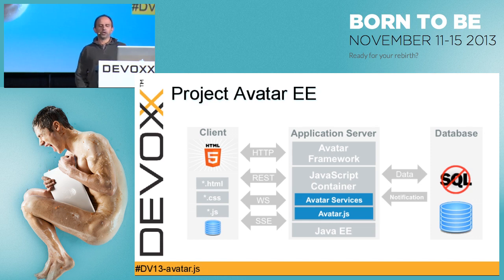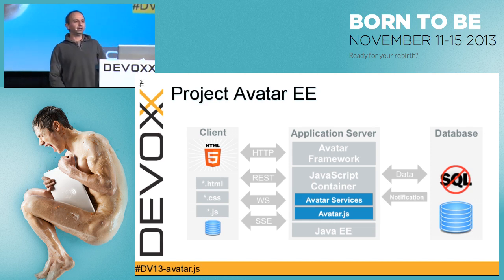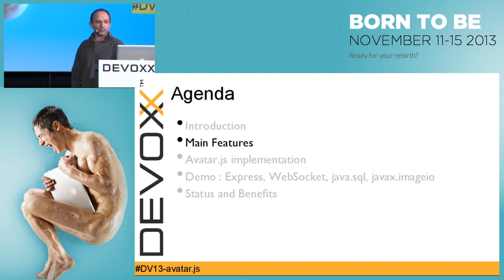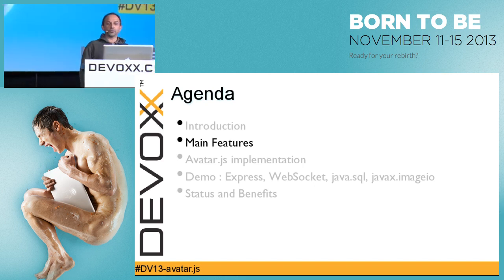That's an interesting project. I'm not at all presenting Avatar EE today, but you have a lot of information on the web on java.net to get a feel. You can download source and also bundles of it. So Avatar.js is a real open source project, I wanted to say, with already real use cases and real projects that are making use of it.